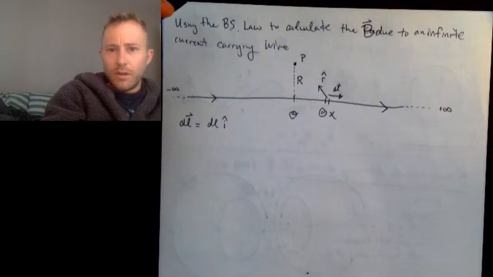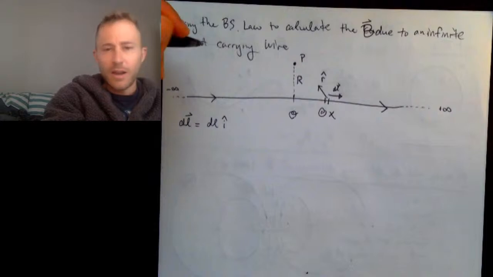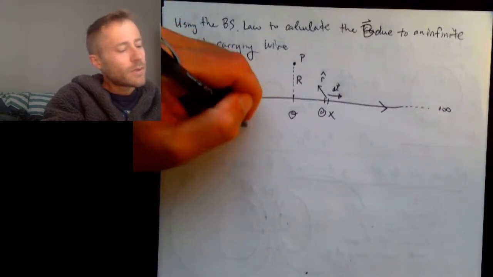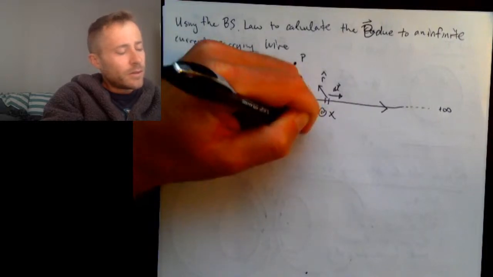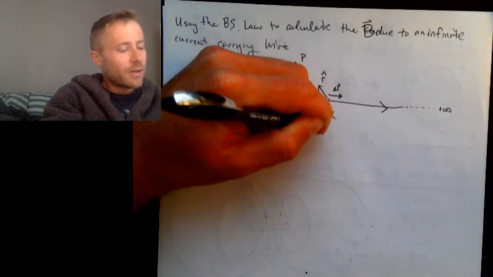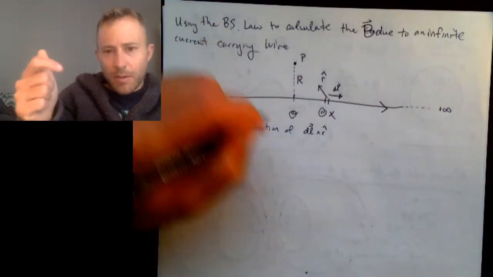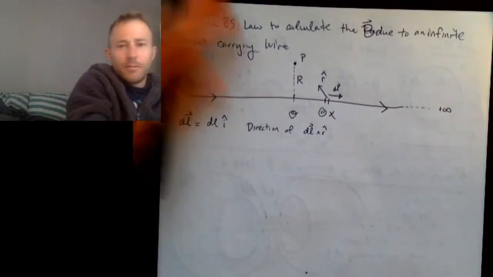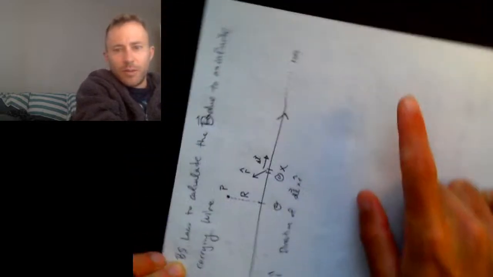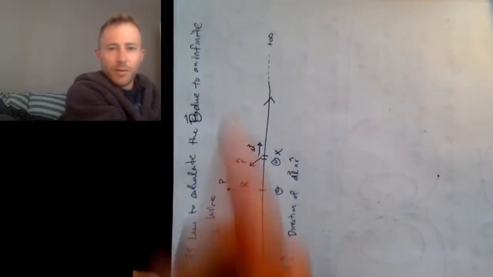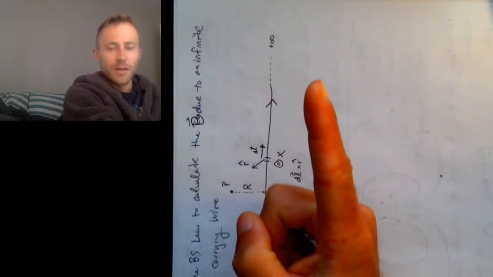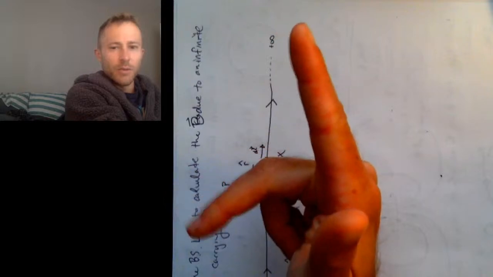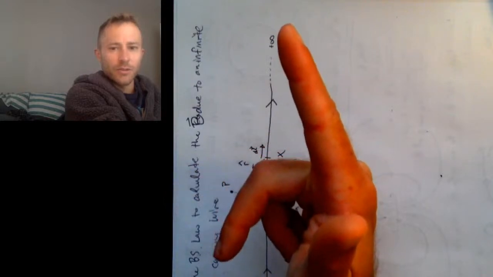So if I figure out the direction of dl cross r hat, I would put my right pointer finger in the direction of the first vector, which is dl, and my right middle finger in the direction of r hat, which is that way.